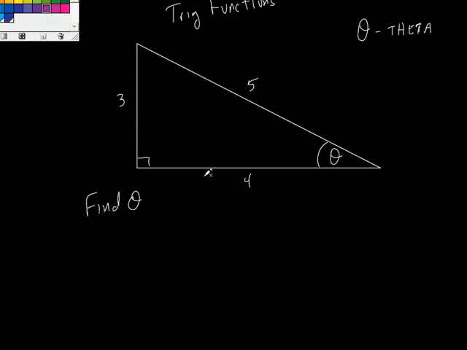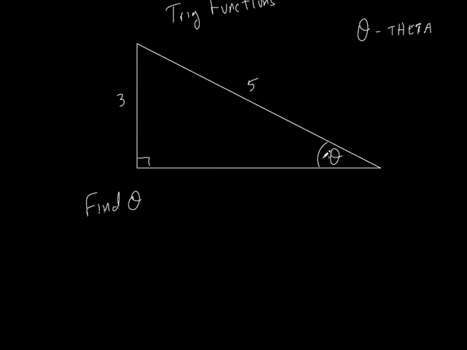Let's pretend we don't know this one. Now, we know what it is because you just saw it, and we've used it. But let's say we only know two sides, and we're trying to find this angle right here. So this is what I do. I look at this angle, and I say, what two sides do I know? I know this side, which is opposite. I know this side, which is hypotenuse.